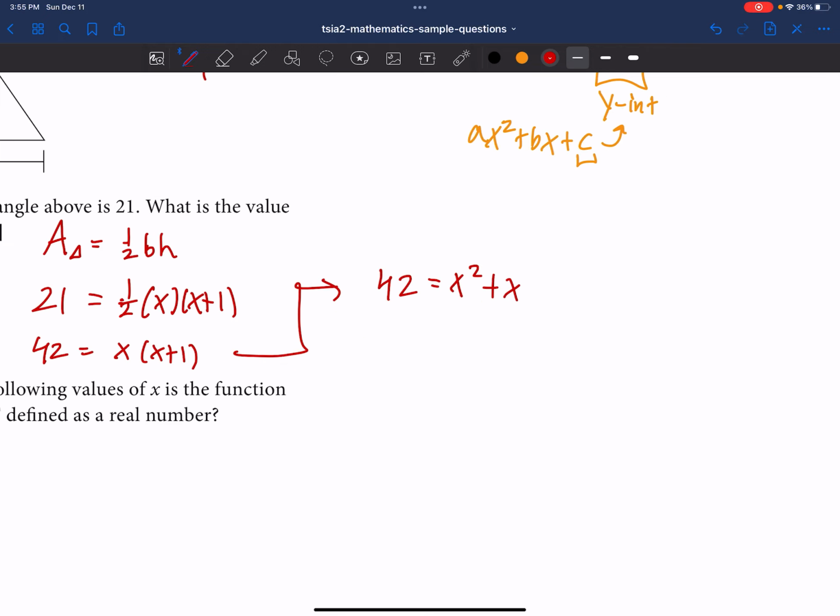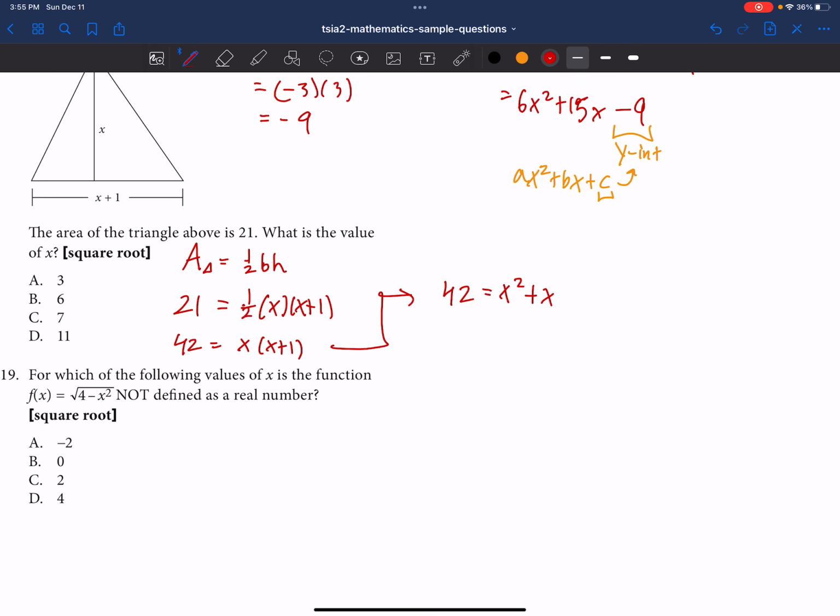And then this is just quadratics. So the question is, how do you solve this quadratic equation? Put it in standard form, set it equal to 0. So I'm going to subtract 42 from both sides and say x squared plus x minus 42 equals 0. Now factor this, so it's x plus 7 and x minus 6 equals 0.